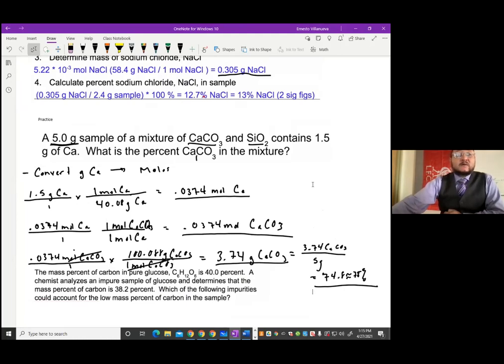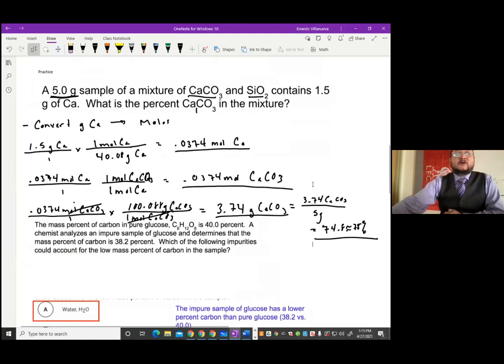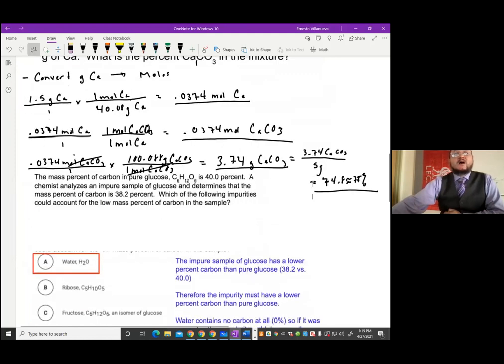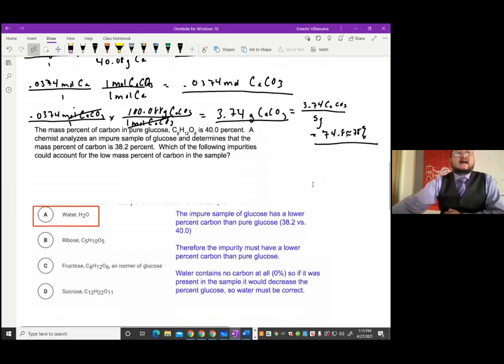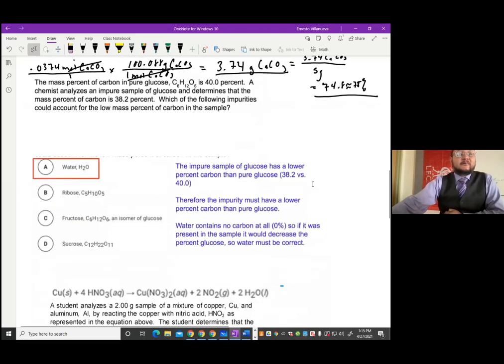Okay. Next one says the mass percent of carbon in pure glucose, C6H12O6, is 40%. A chemist analyzes an impure sample of glucose and determines that the mass percent of carbon is 38.2%. Which of the following impurities could account for the low mass percent of carbon in the sample?